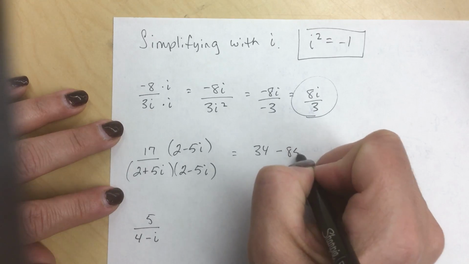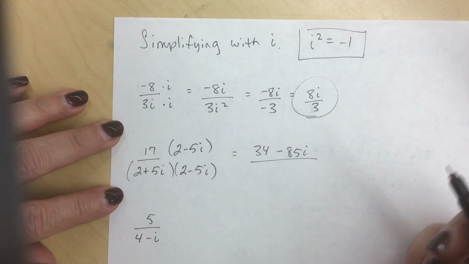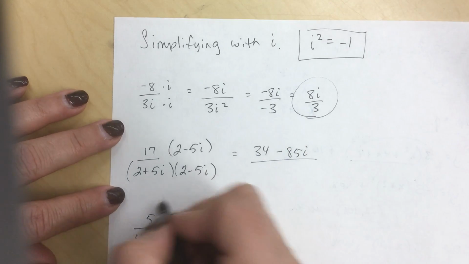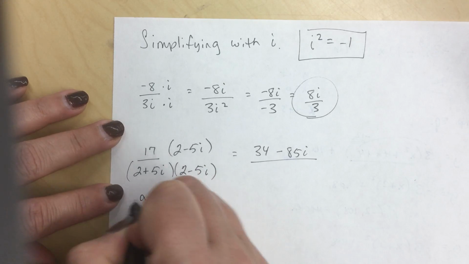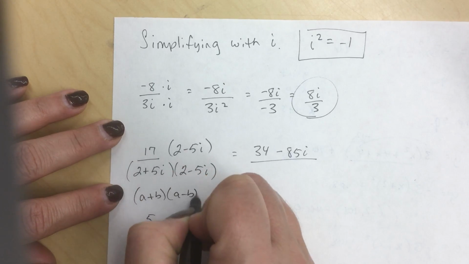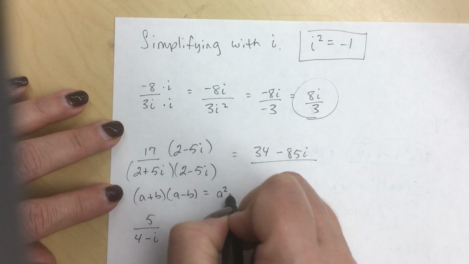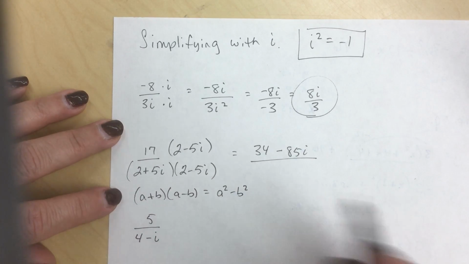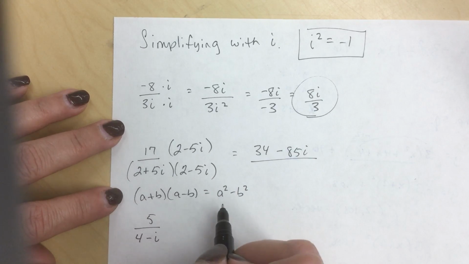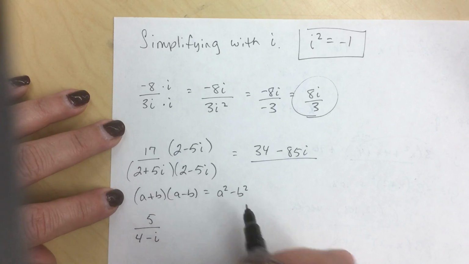So minus 85i over, now we're going to use the fact that (a plus b) times (a minus b) is a squared minus b squared. When I multiply conjugates together, I get the first thing squared minus the second thing squared.